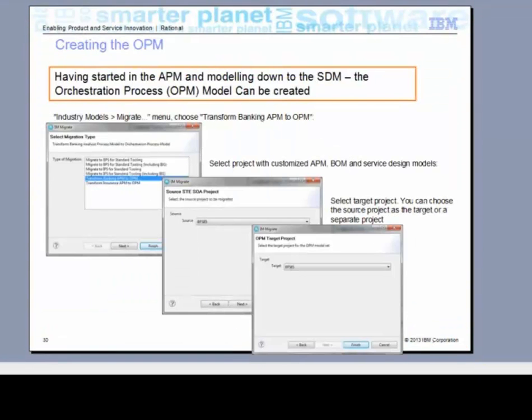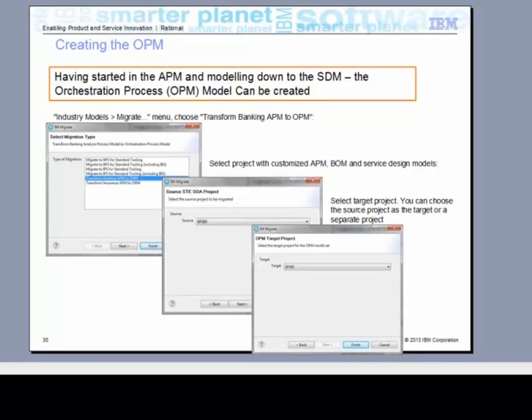And here's an example of another type of process model that you can create, which has been characterized or called an orchestration process model. And again, you're using RSA capabilities to create this. And what you do with this orchestration process model is it can then be pulled into your process design environment where you want to target a managed process application or deploy a process app into a managed runtime environment.